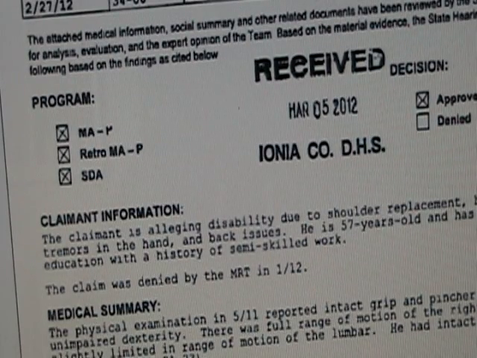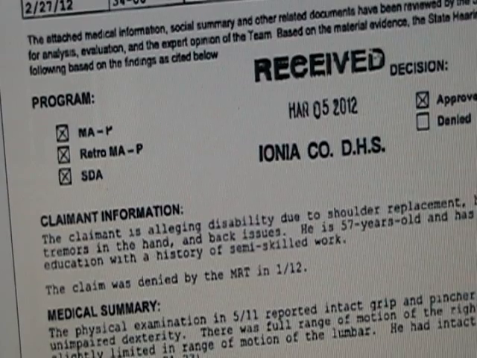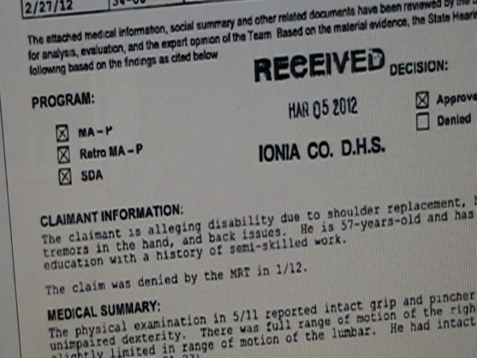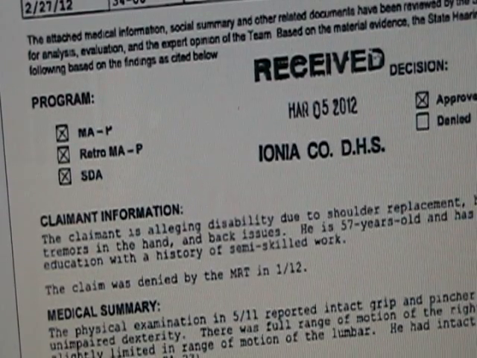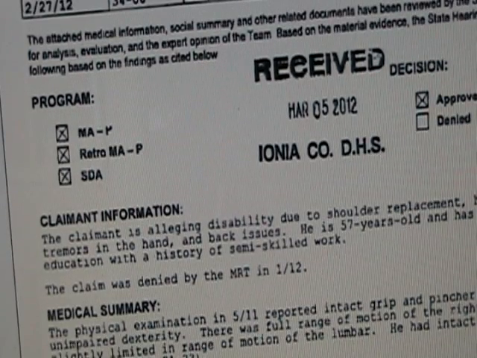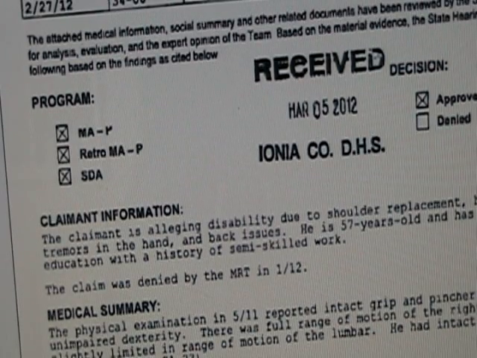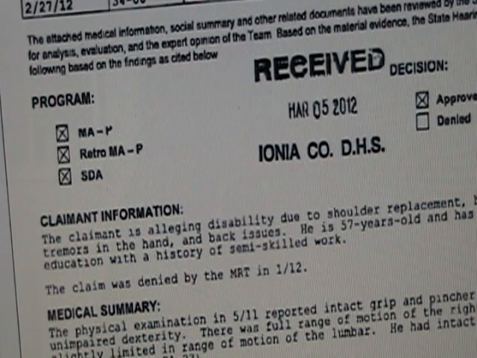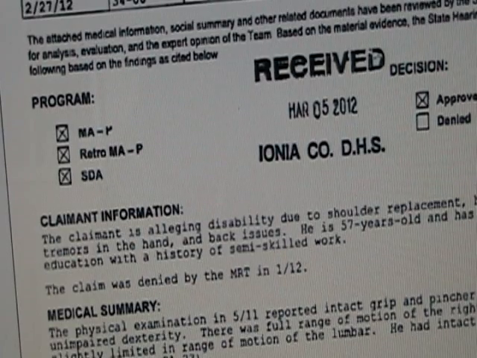The medical evidence of record indicates that the claimant does not retain the capacity to perform even sedentary work on a sustained basis. Therefore, MAP, which is Medicaid, is approved using Vocation Rule 201.00H in parentheses as a guide. Retroactive Medicaid was considered and in this case is approved back to August of 2011. At the medical review of 9/12, requested medical records from the last 6 months were used.